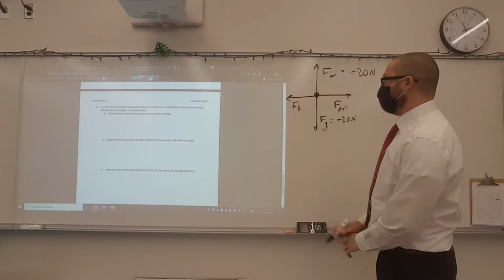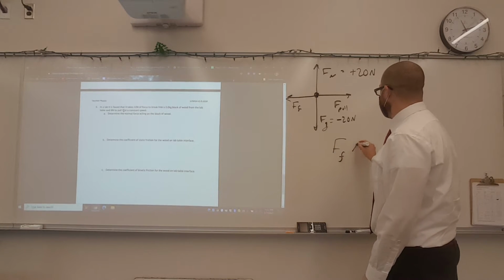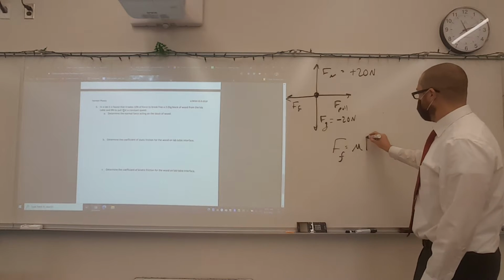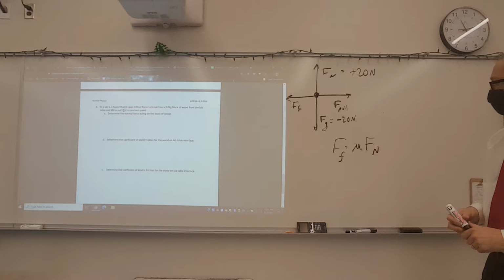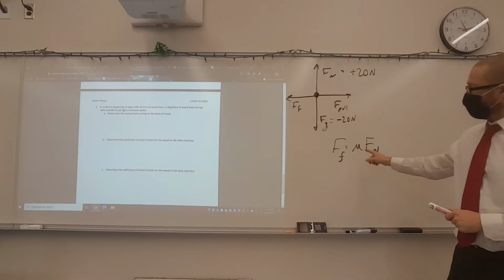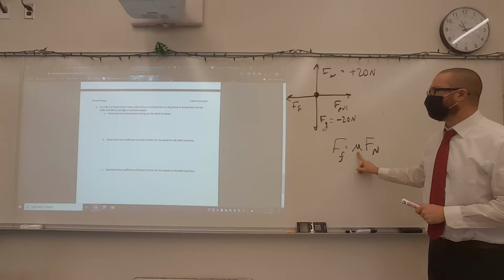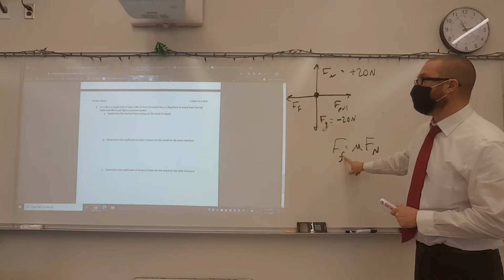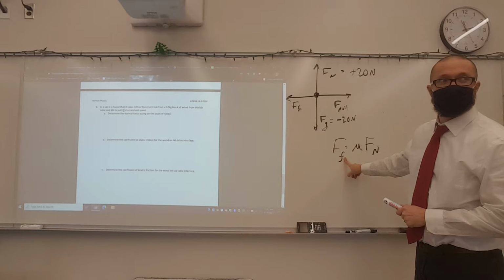All right? So, coefficient of static friction. So, force of friction equals coefficient times the normal force. Well, coefficient is what we're looking for. We're going to put in the 10 newtons for the force of friction for the static calculation.